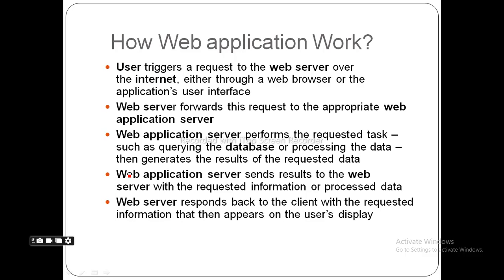The web server forwards the request to the appropriate web application server. The application server performs the requested tasks such as querying the database or processing the data, then generates the result of the requested data.